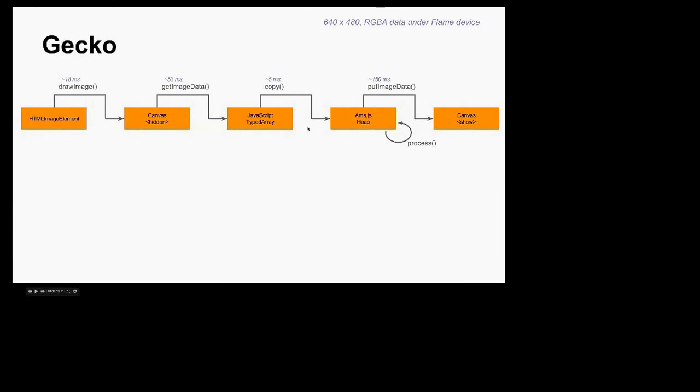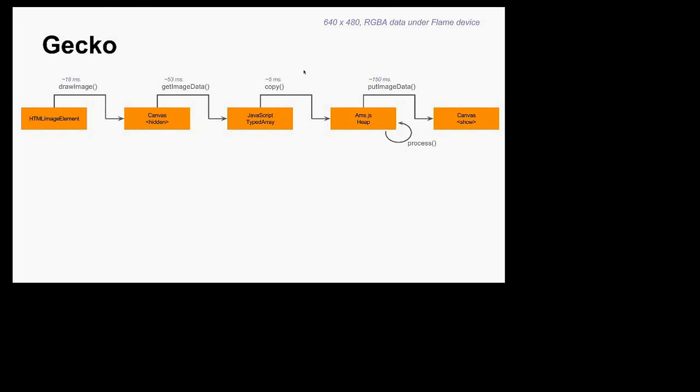And the second question is, can we skip this copy operation? Can we make the ASM.js runtime be aware of the external memory? And the third one is about this method. This method looks very terrible. It takes 150 milliseconds to process one frame.